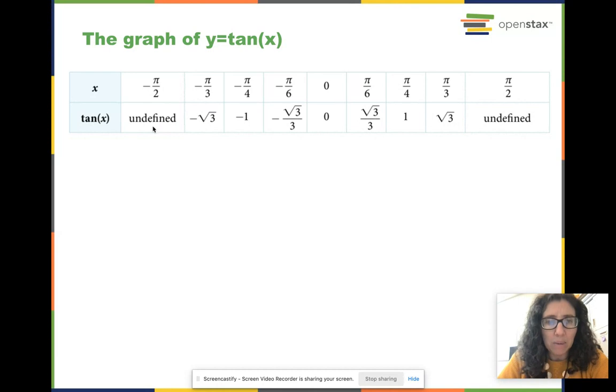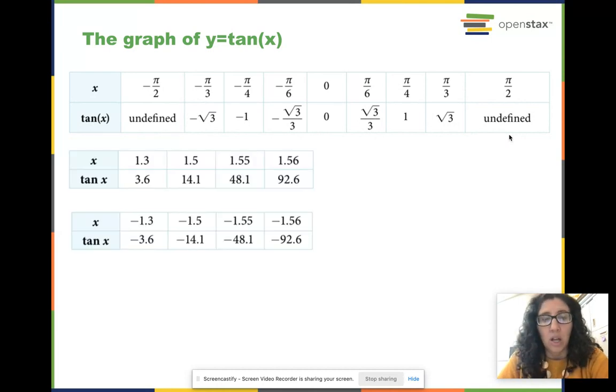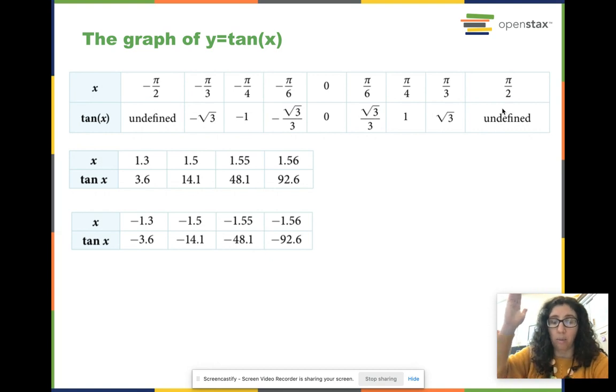All right, what happens close to these undefined areas where there are vertical asymptotes? Let's look here as we get close to pi halves. Pi halves is close to 1.56. So as we get closer and closer to pi halves, our values are getting bigger and bigger, right? So that's a clue that this vertical asymptote is going to go up.